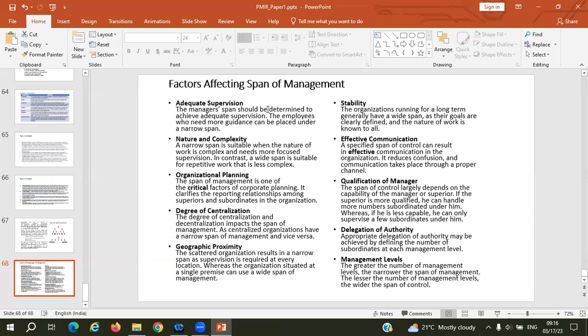Among those 3 students, you are one of them. You have a team of another 10. Suppose A, B, C are the 3 students. A has 10, B has 15. C said I can manage everything, so C has 30. So 10, 15, 30.